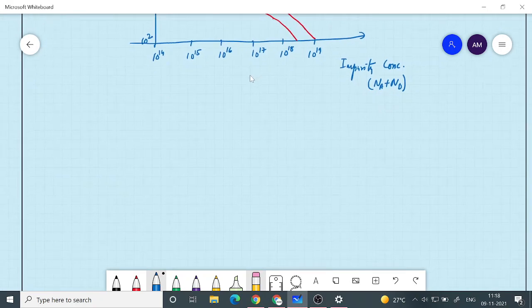If you have mu I and mu L, the resulting mobility, combining the effect of 1 and 2.